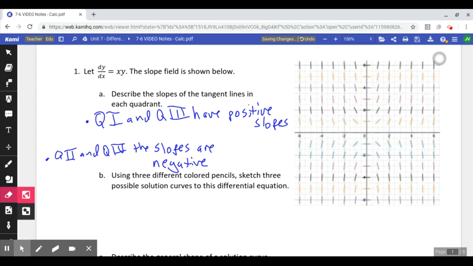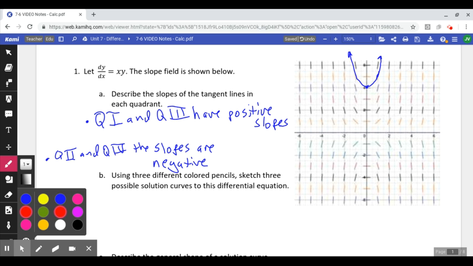Solution curves have to match up with the slopes of the tangent lines, but we also want to pick a point to start with. So I'm going to arbitrarily pick this point right here, and try to draw a curve that matches these tangent line slopes. As I do that, I wind up with something that looks a little bit like this.